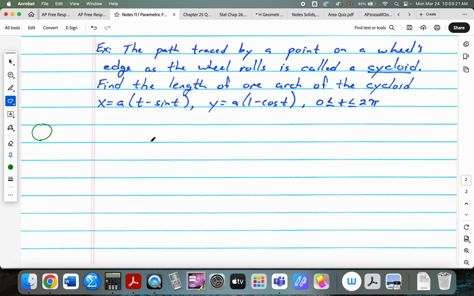Anyway, so we need dx dt, which is going to be a times 1 minus cosine t, and dy dt, which is a times sine of t.